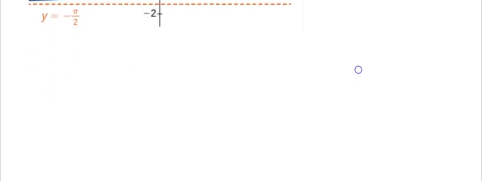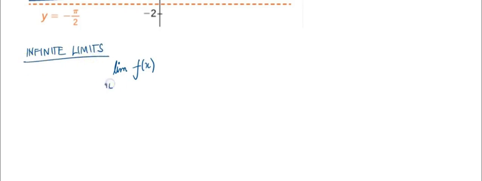Next, I want to discuss the possibility of a function having infinite limits. Maybe I'll just write it here as infinite limits. So limit f of x as x approaches, let's say, positive infinity could give a value that turns out to be not a finite number, but infinity. We call it an infinite limit.